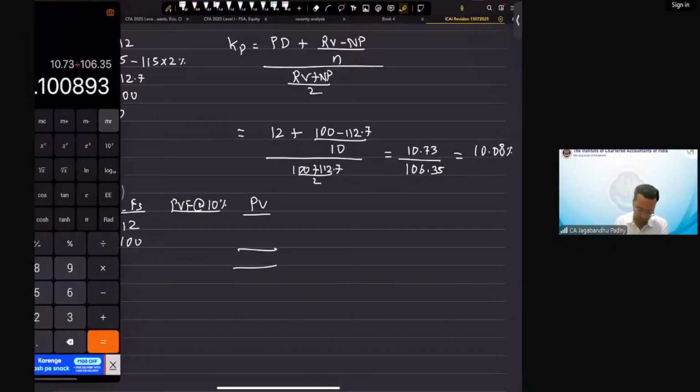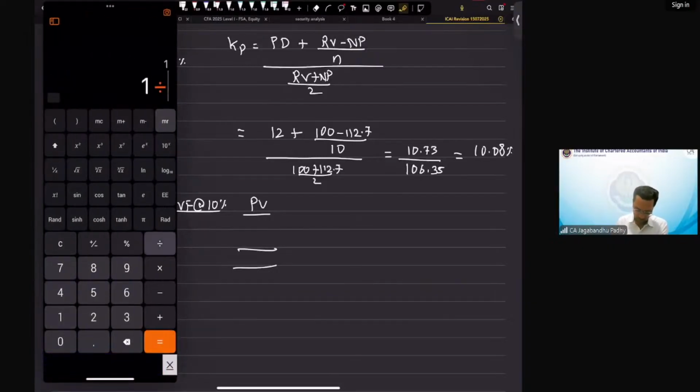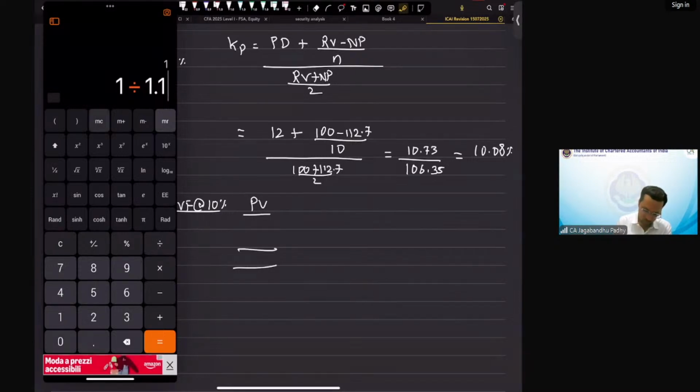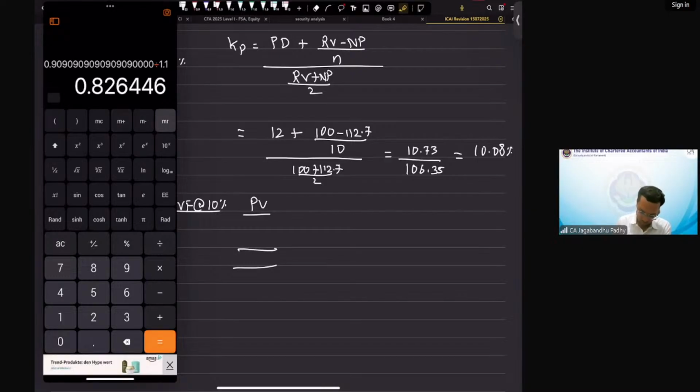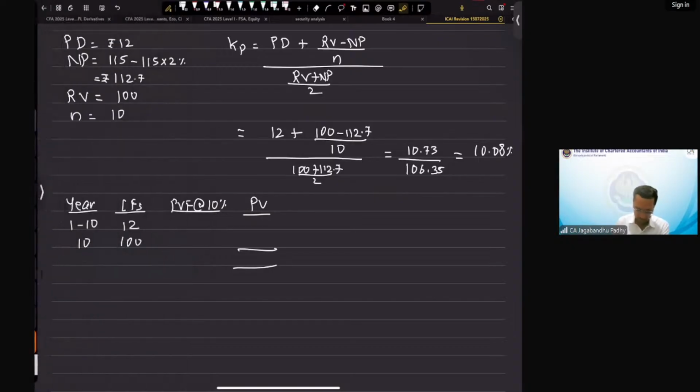At 10%, the PV factors will be 1 divided by 1.1 for years 1 to 10. We have the PV factor as 6.144, or let me just write it as 6.14.